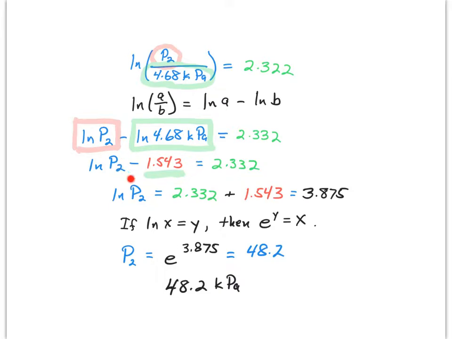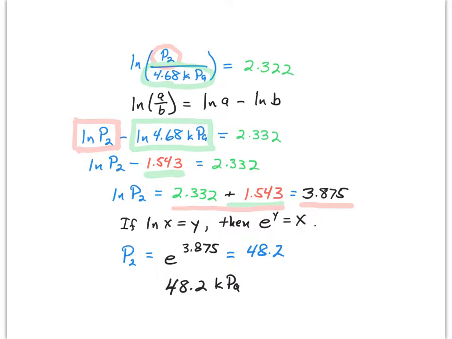Since this is subtracted from this side, we're going to add it to both sides. And so we see that number added to the right side. Right? And so if we take this plus this, 2.332 plus the 1.435, we get this.